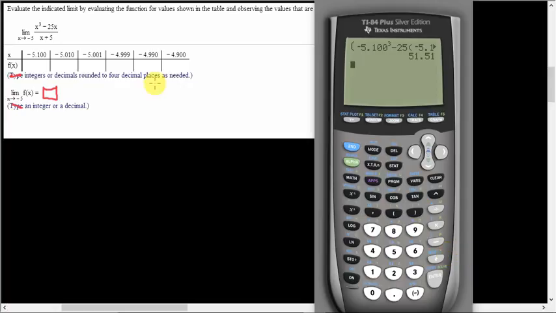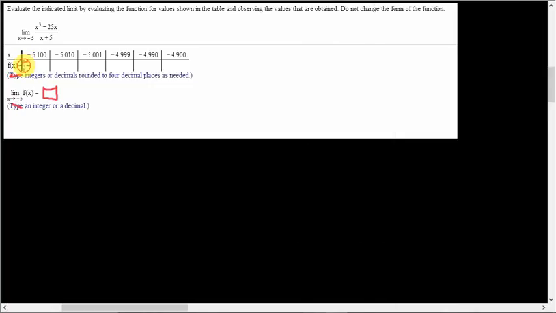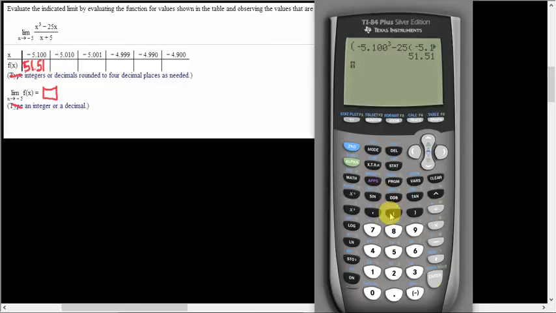That equals 51.51. Let's see if I can type that in here. One zero zero, but we don't need that. Alright, second enter to redo it all.